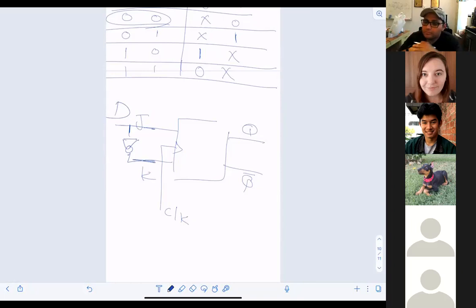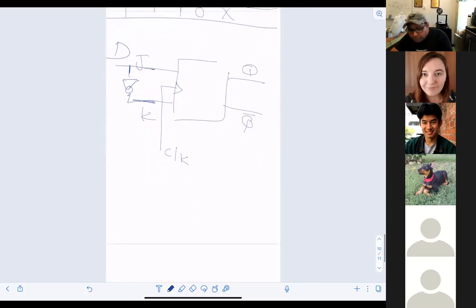So this is the D flip-flop? Yes. I'm showing you it's a JK flip-flop. Look at the JK flip-flop. You know what I did? I put a NOT gate. I call it D, and I pass it to the J, and I take that wire and invert it and pass it to the K. So what does it mean? If D is equal to 0, that means J is equal to 0 and K is equal to 1.